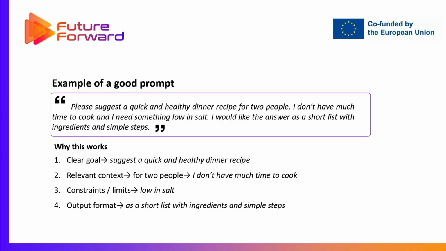This prompt works well because it tells the AI exactly what you want, gives the context that matters, and explains how you want the result to be presented. If the answer doesn't match what you had in mind, you can simply ask again. For example, you might say, "Make it vegetarian," or "Suggest something cheaper." With each small adjustment, the AI gets closer to the result you need.